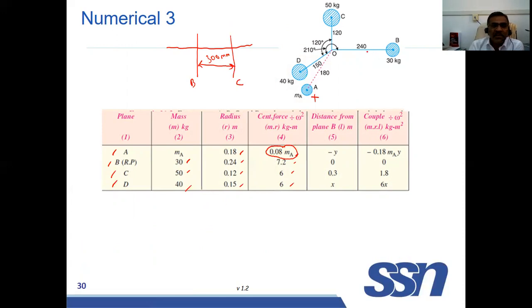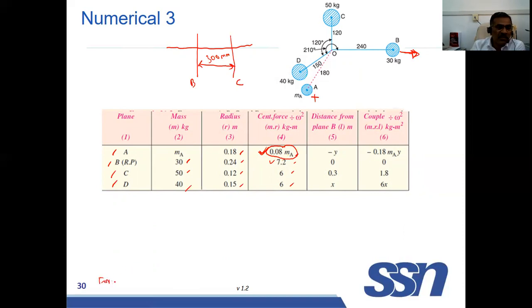Here we know the direction of B. A is unknown. We will keep it for the end, because we don't know about A, but we know about B. So B, the value is 7.2. Direction is this. So first step is to draw the first polygon.